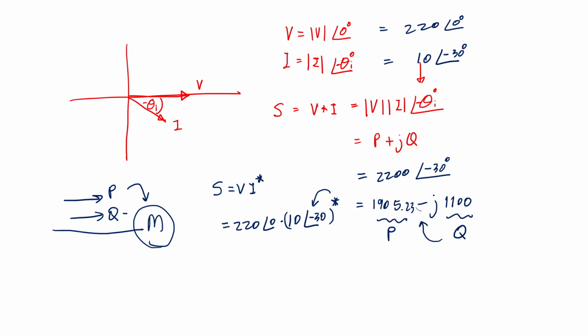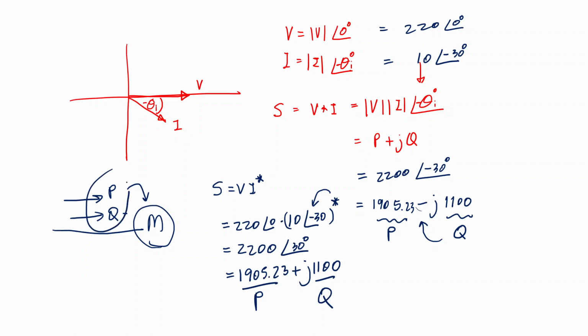Then we get 2200 at angle 30, which is 1905.23 plus J1100. This is P and this is Q. It means that this equipment draws both real power and reactive power.